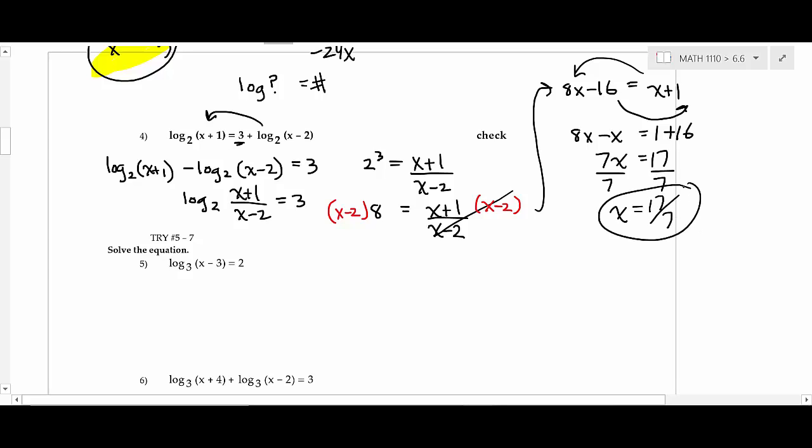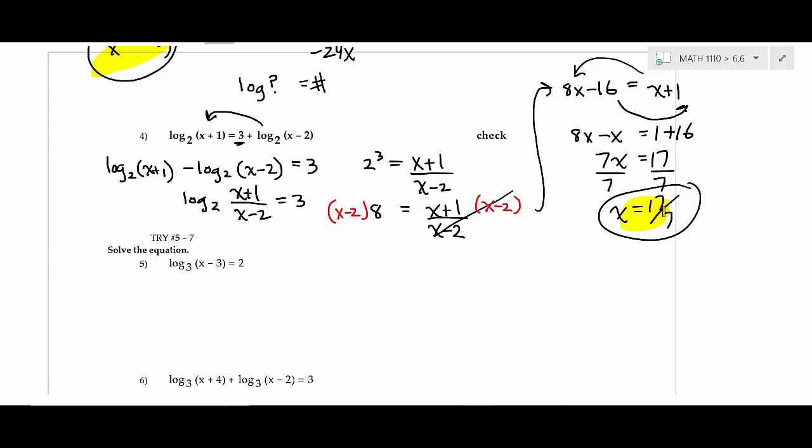Now, as far as checking, let me explain what you want to do at a minimum, without going through and checking every detail. You could plug that in and work it out, but here's mainly what you want to do: plug it in and make sure that you're not doing a log of a negative number. If you put 17 over 7 plus 1, that's positive. That's good.